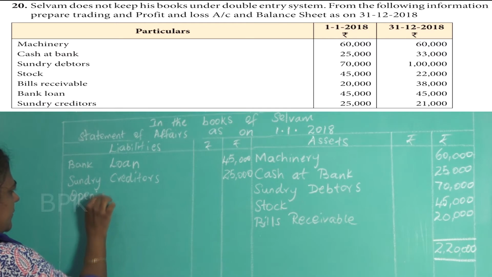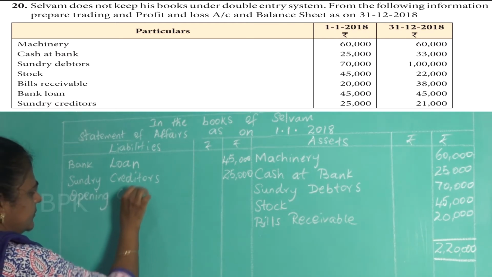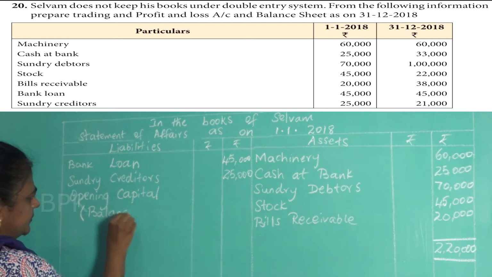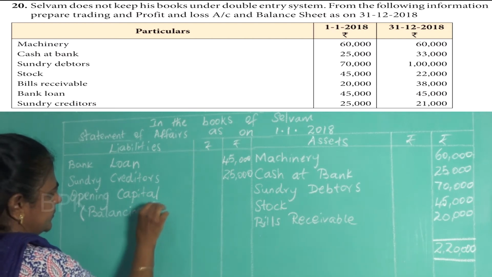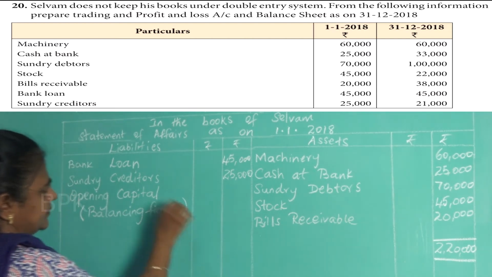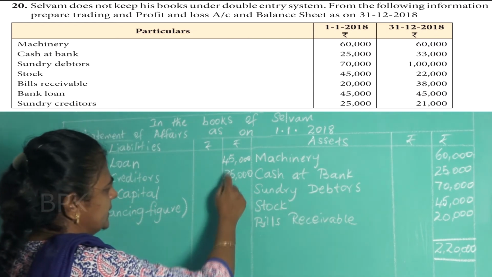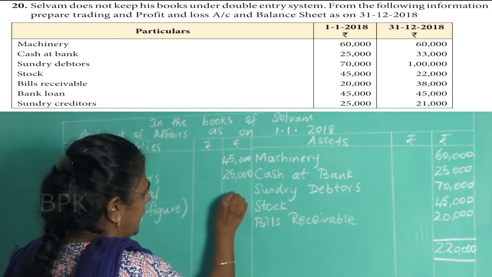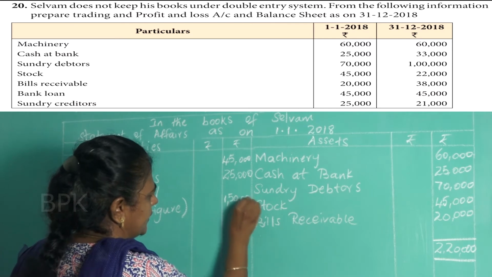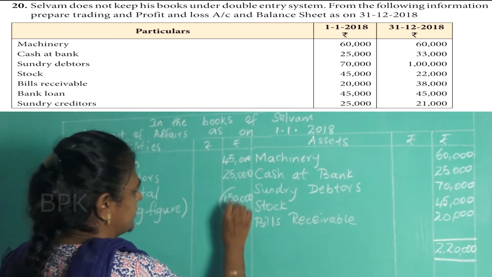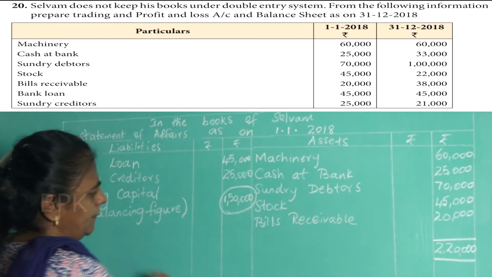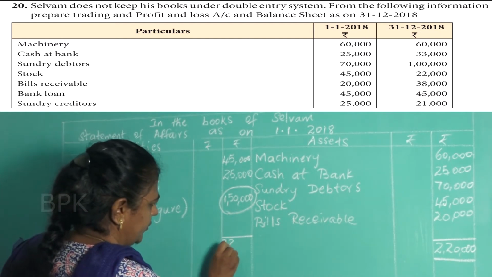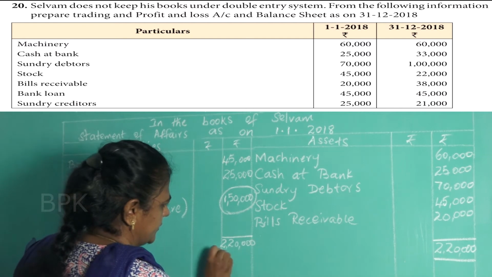So opening capital, that is your balancing figure. So 2,20,000 minus 70,000 will give you 1,50,000. So put a box for the opening capital, put the total on the same line, 2,20,000.